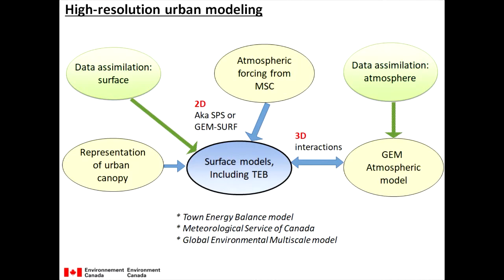So we have two systems. The first system is a 2D system that some of you have seen as the GEMSURF system, or now it's called SPS. The surface schemes are driven from atmospheric forcings that can come from archives, different types of archives, so it's very flexible.